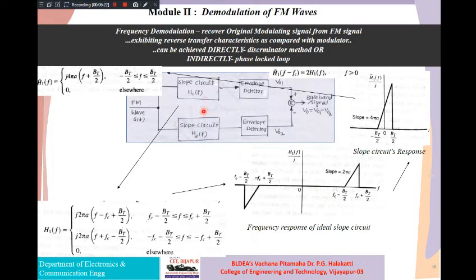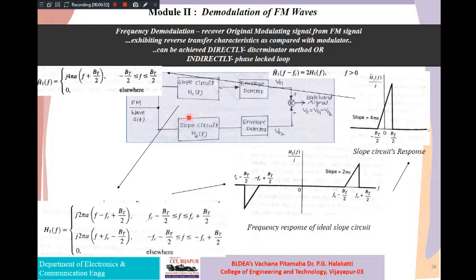First we need to discuss the nature or shape of the transfer characteristics of the slope circuit. First we'll try to define and understand that. That itself will help us identify why we are going for more than one slope circuit, and why exactly two.